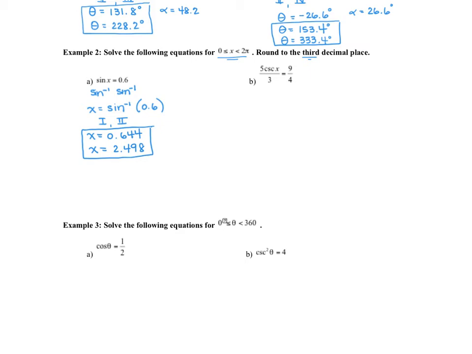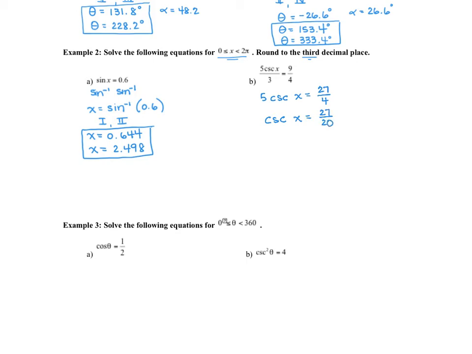For the next example, if I multiply both sides by 3, I'll get 5 cosecant x equals 27 over 4. And if I divide both sides by 5, I'll get cosecant of x equals 27 over 20.